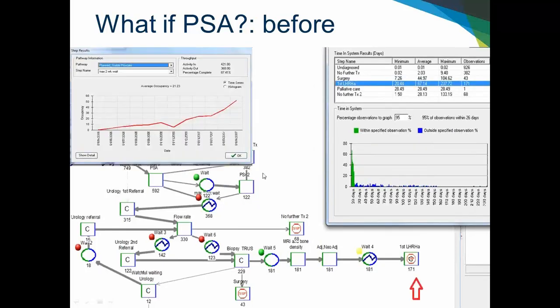Sorry, this is still before the PSA, and we're looking now at the time to treatment. So this is the first treatment here, and you can see that that's about 67 days.